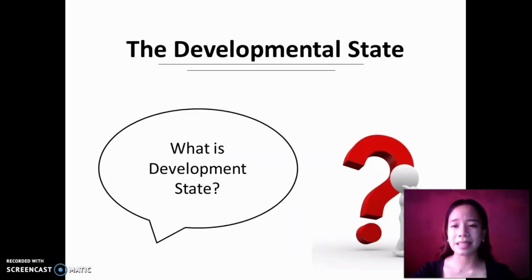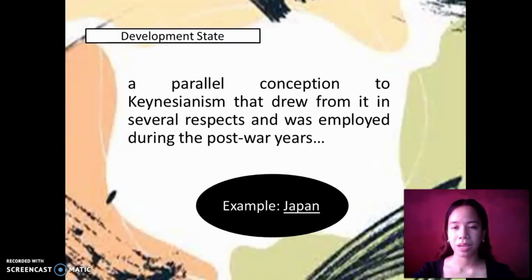So, what is a development state? A development state is a parallel conception to Keynesianism that drew from it in several respects and was employed during the post-war years. So when we say parallel, it is mauna siya ang kaatbang or pareha ang iyang goal or ang tumong.